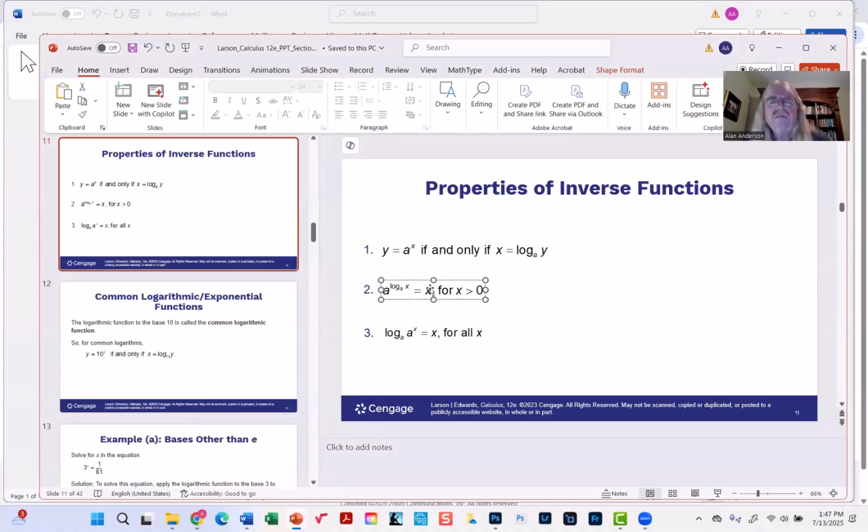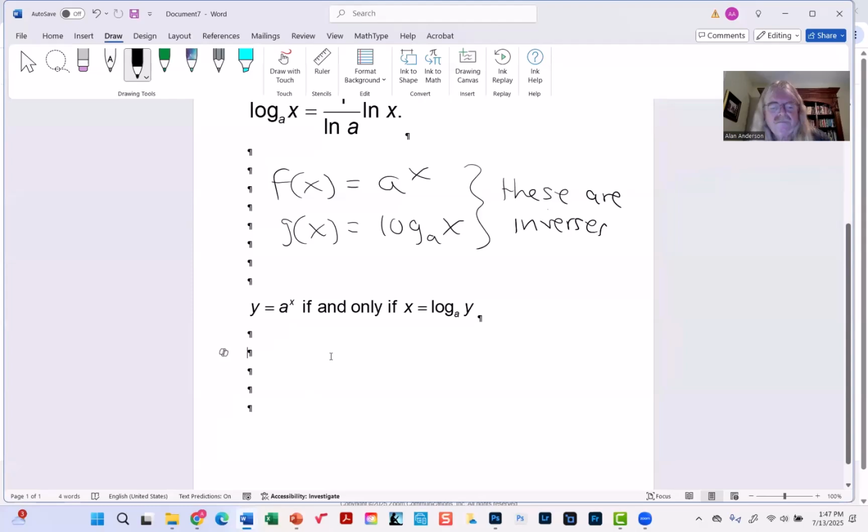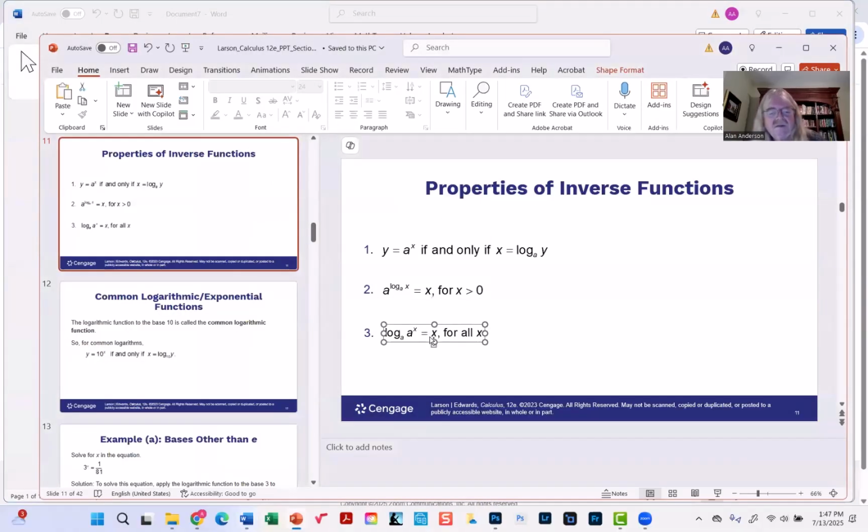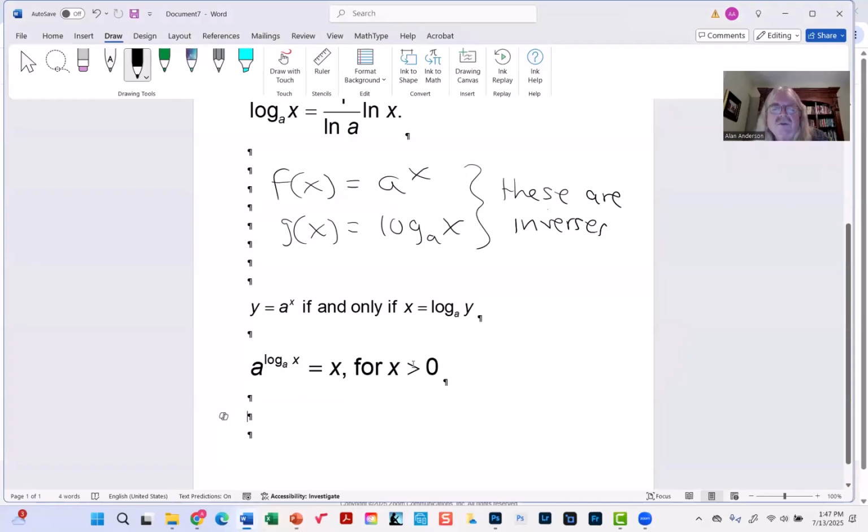And then here, A to the log A of x, for x greater than 0, equals x. Okay. And then finally, this one is also true.